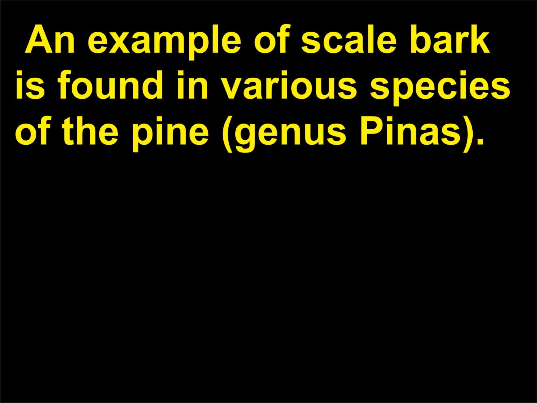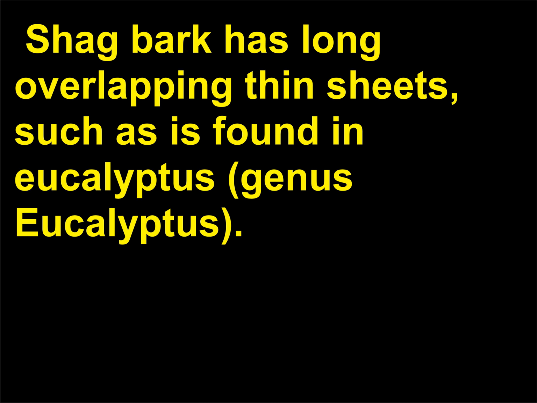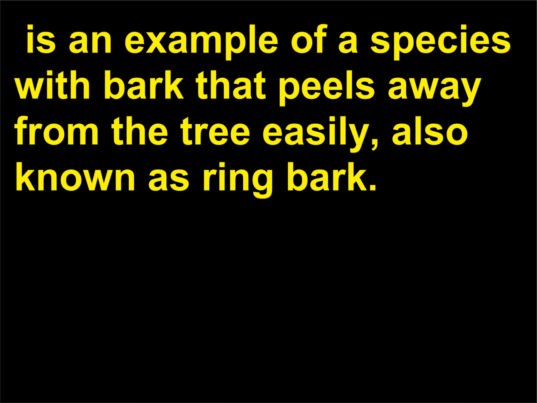An example of scale bark is found in various species of the pine, genus Pinus. Shag bark has long overlapping thin sheets, such as is found in eucalyptus, genus Eucalyptus. Paper birch, Betula papyrifera, is an example of a species with bark that peels away from the tree easily, also known as ring bark.